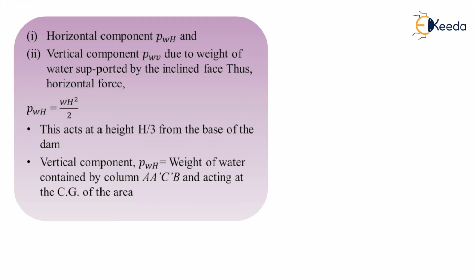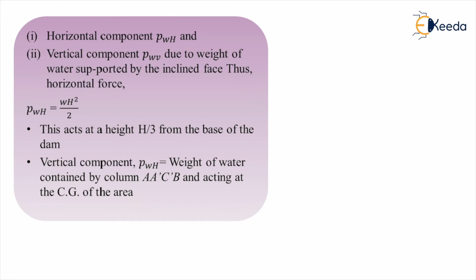Okay. When the upstream side is partly vertical and partly inclined, this section is submerged in the water. In the section A dash, C dash, and B, the water exerts its pressure continuously, hence this section is again divided into two components.